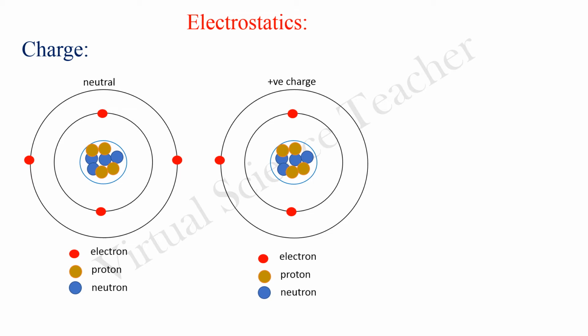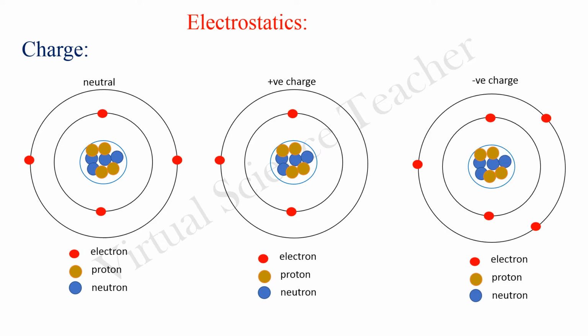Let me first consider the positively charged atom or cation. The charge is positive when the number of protons is greater than the number of electrons. As a proton has positive charge and an electron has negative charge, an increase in the number of protons means positive charge is generated, and when the number of protons decreases, that means the number of electrons increases compared to the number of protons.